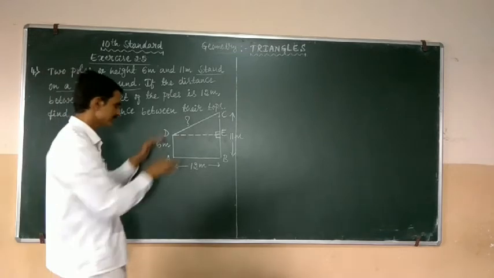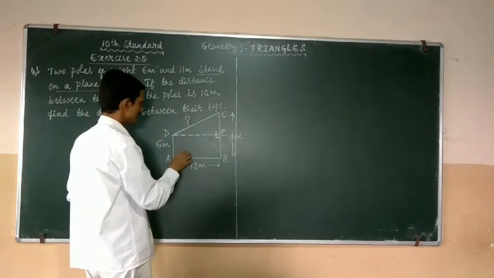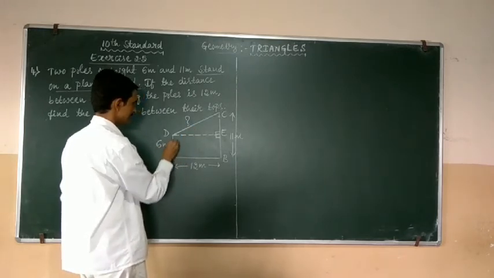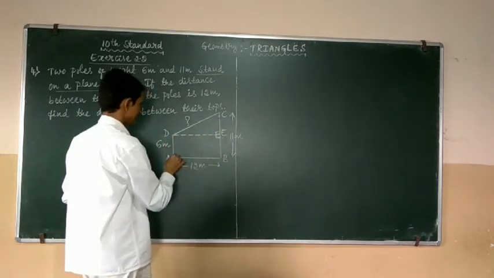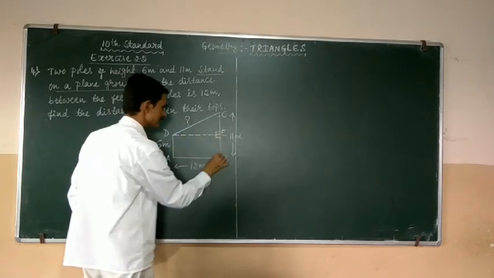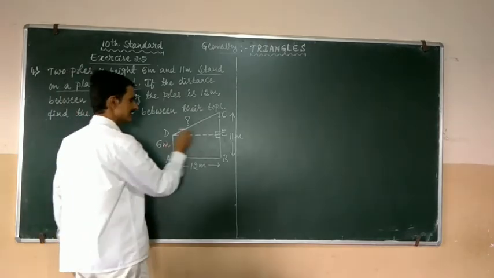If you observe the below part, A, D, E, B, what do you call this plane figure? Yes, it is a rectangle.